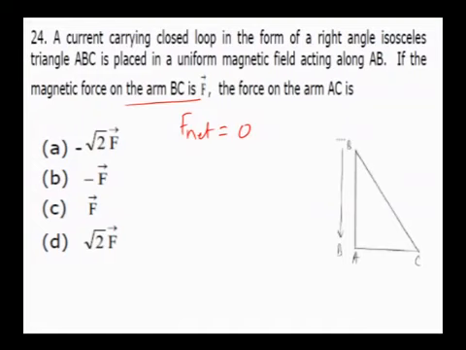If net force has to be 0, then, it's a vector sum, force acting on AB plus force acting on AC plus force acting on BC, okay, must be equal to 0. Now you can see here, suppose if you take current as anti-clockwise, then magnetic field and current are in the same direction.